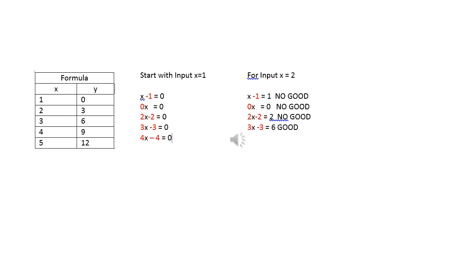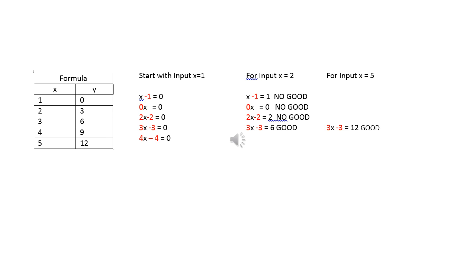This tells us that 3x minus 3 works with at least 2 of our inputs. So we'll do a final check with another input. At this point you could use an input of 3 or 4 or 5. I just chose 5.